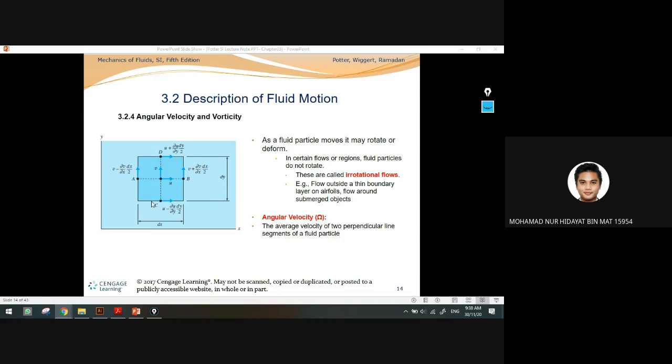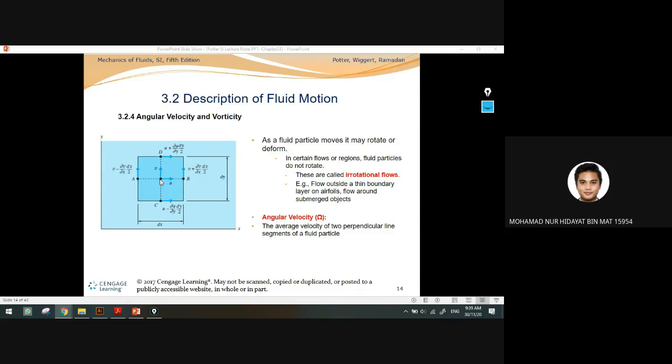This is fluid from point A to point B. This is fluid from point C to point D. You can see the motion A to B involves the x direction, so it is U. The motion in the y direction, C to D, is V. From here, the velocity at A is calculated as V minus the partial derivative of the half.